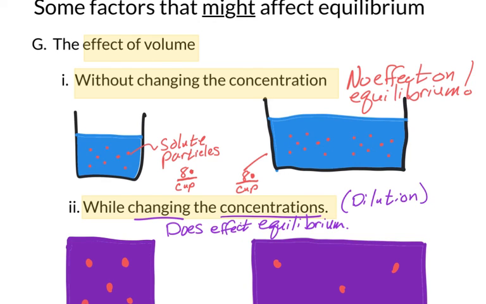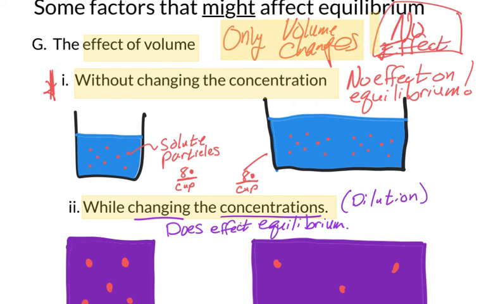But to understand how the change in concentration changes the equilibrium, we would actually need to do a lot more analysis of the material. So in this class, we stop here and we are going to assume that if we change the volume, we are changing only the volume, not the concentration, in which case there is no effect on the equilibrium.